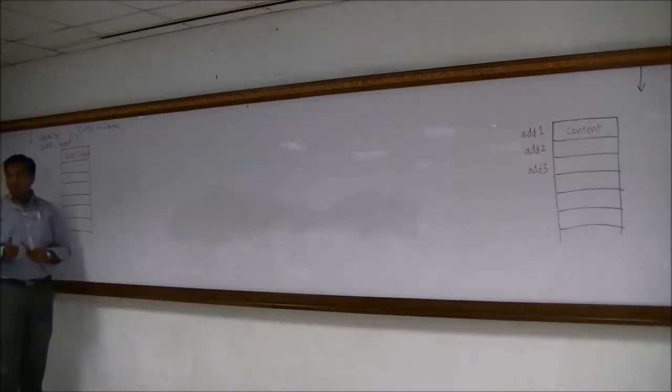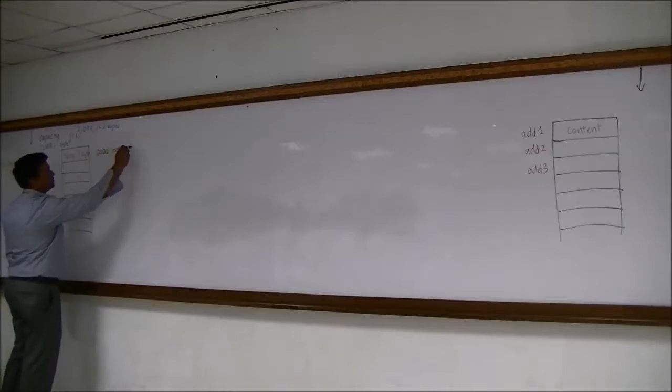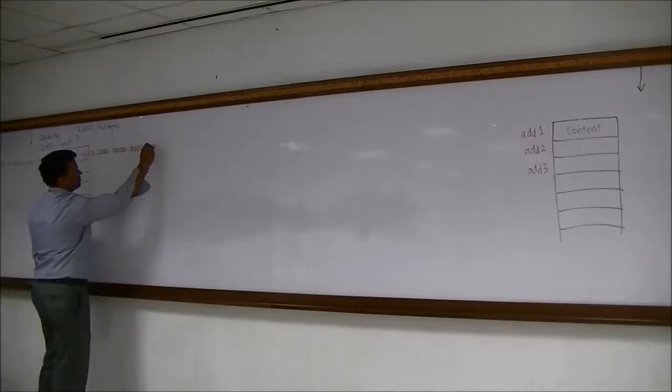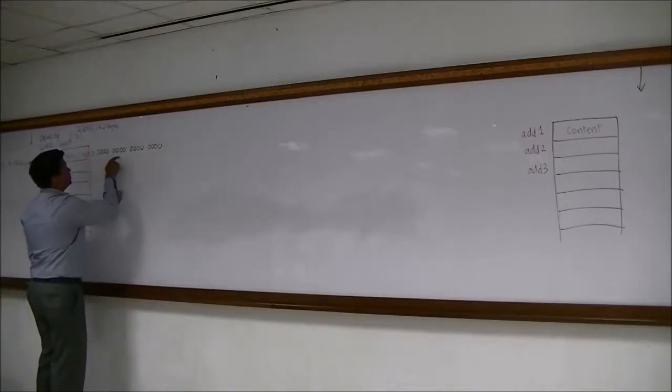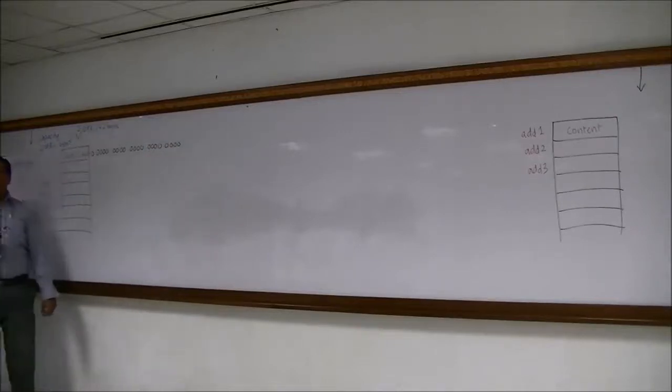Since we need 21 bits, just now we saw 3 bits for the 8 locations: 000, 001 until 111. The same principle applies, now you need 21 bits. So 21 bits means the first address will be all zeros. This is the starting address.